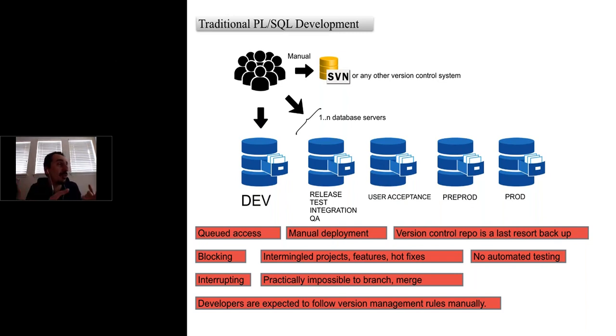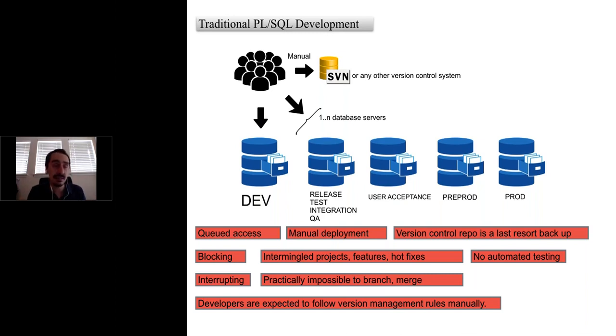And here's the problem. You got queued access because there is only one dev environment. Even if you are writing on a file, you got to communicate with other people. And remember, if you got 5 people, you got 4 other people to communicate with. If you have 6 people, you have 5 more people to communicate with, and everyone else has 5 more people to communicate with. So it's a factorial, I guess. It's a huge communication problem.